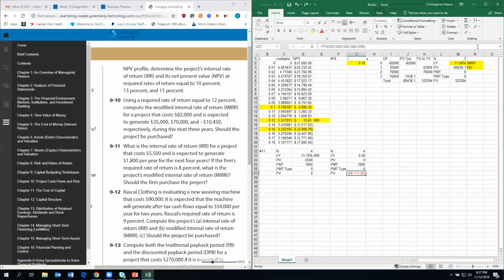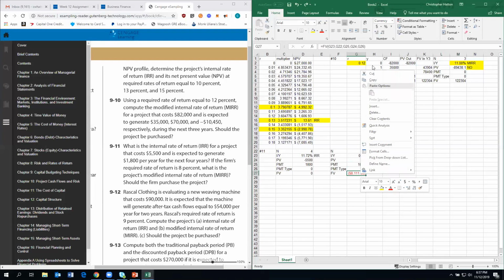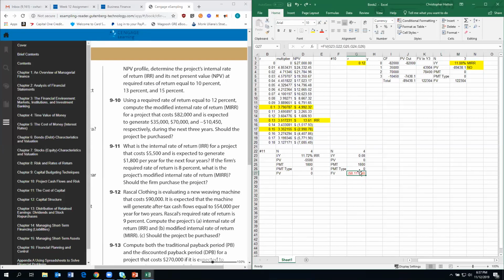So I don't know where the absolute value key is, but always take the absolute value of a future value if the payment is positive. Okay. All right, but for this case, we're going to say the absolute value.